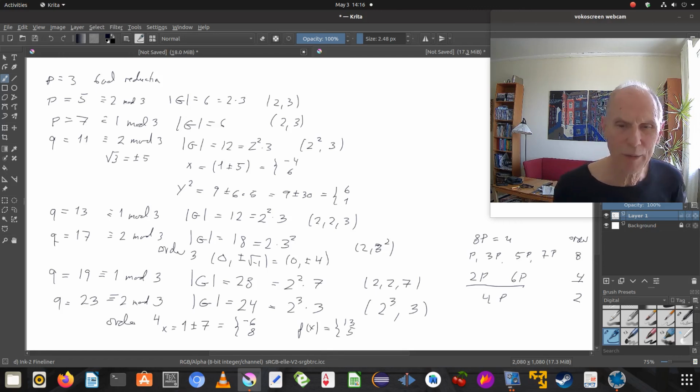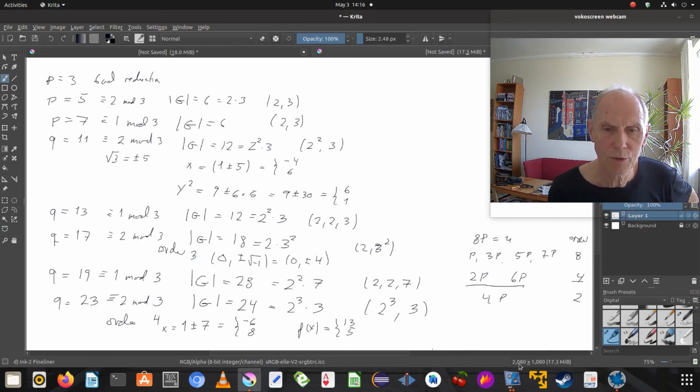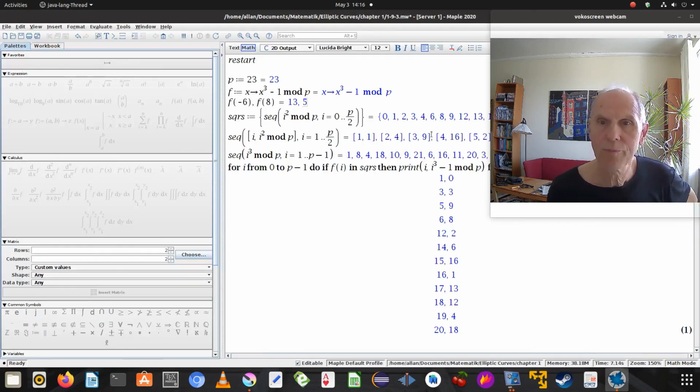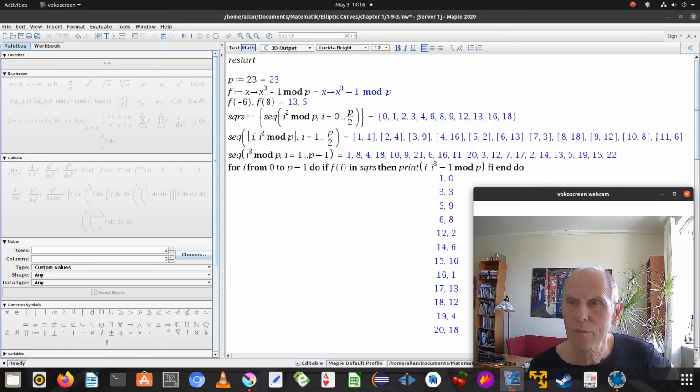So I claim that one of these points is a square modulo 23. Now what was it? The points were 5 and 13. Neither seems to show up.